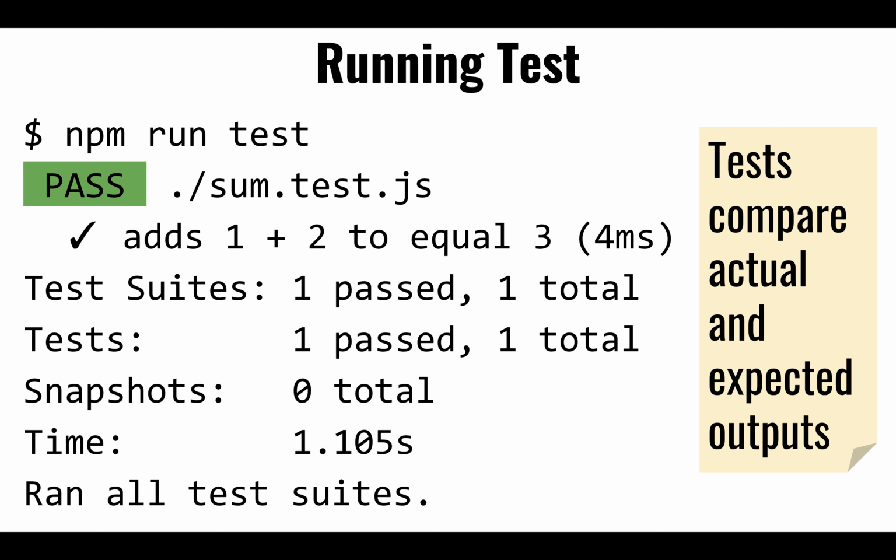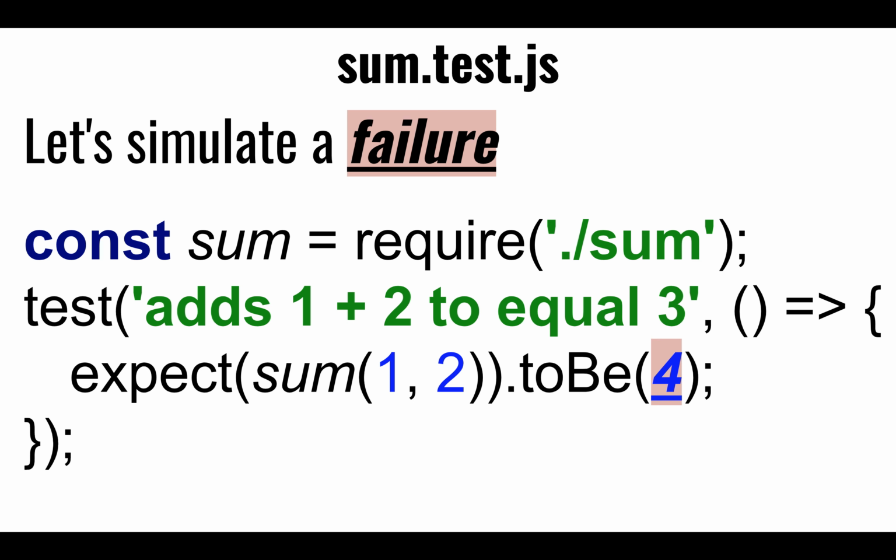Right. Now, to see a failure, we can cause a deliberate failure, right, and check to see that we would expect that 1 plus 2 is actually 4, right? Obviously not. But for the sake of argument, let's change it to see how the test fails, right?